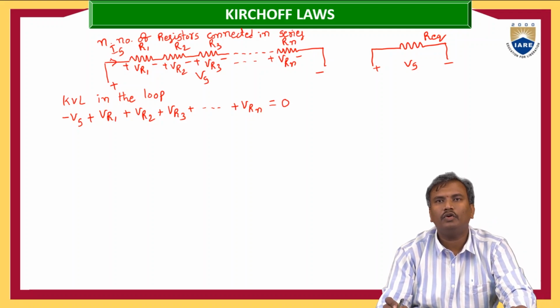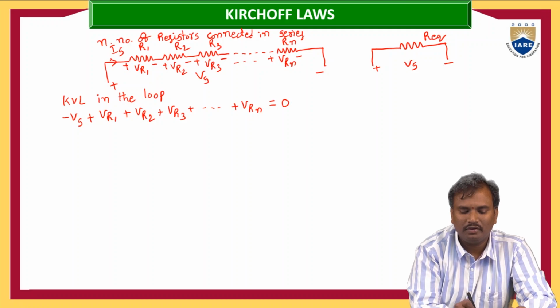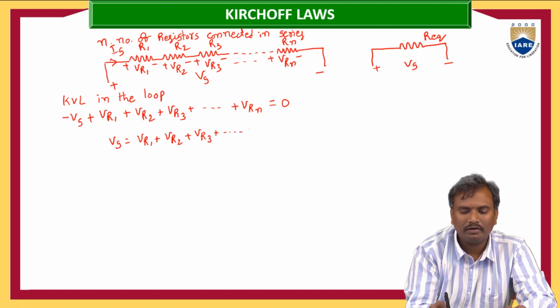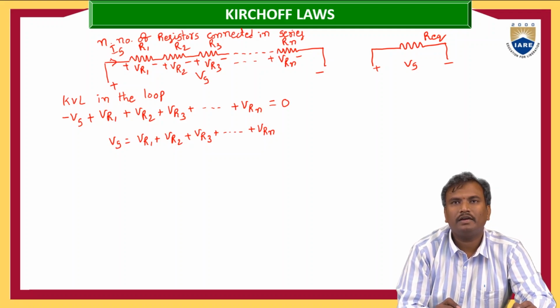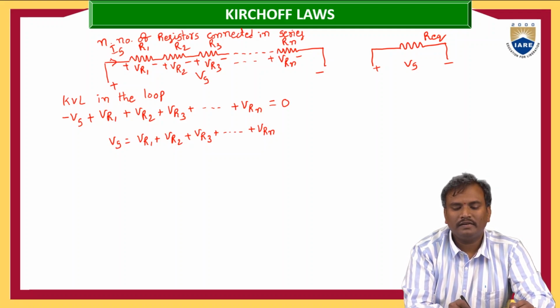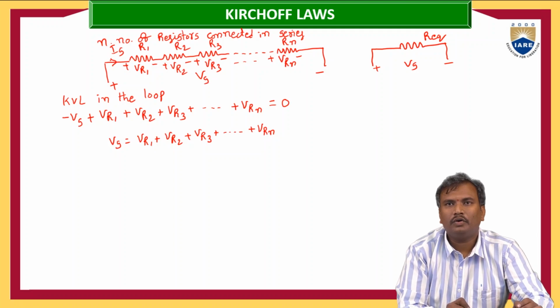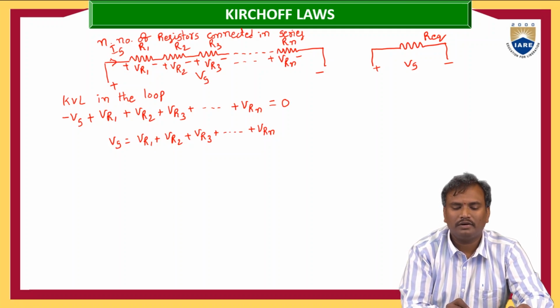Algebraic sum of voltage in a closed path is equal to 0, where Vs is equal to VR1 plus VR2 plus VR3, and so on, VRN. So here, this is the voltage equation for this particular circuit.